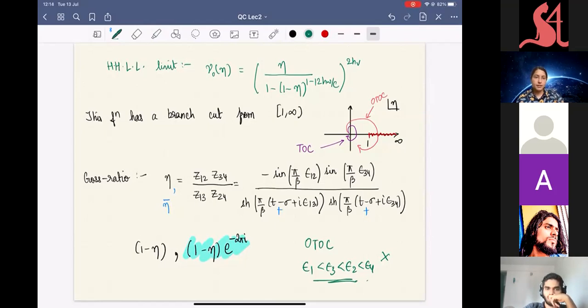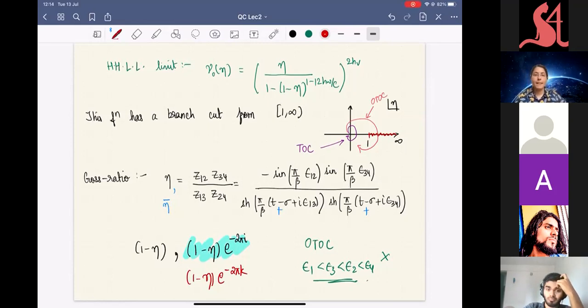You're right that we could also have 1 minus eta to the power e to the power 2 pi k, but then those sheets give subleading corrections. Okay. Thanks.